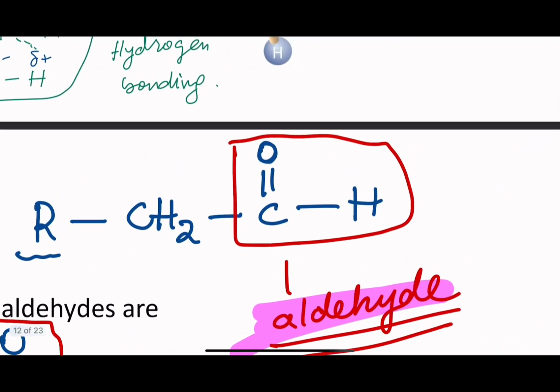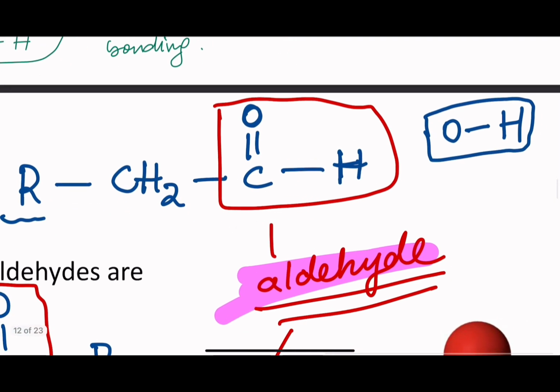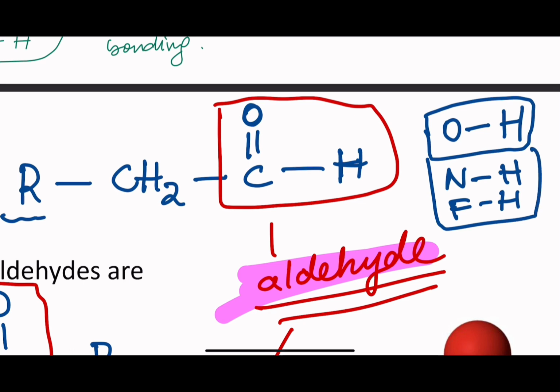Yes, there is oxygen, but the oxygen is not connected to hydrogen. We need a direct connection: oxygen and hydrogen, nitrogen and hydrogen, fluorine and hydrogen. If we have this connection, then we have hydrogen bonding. Otherwise, we don't.